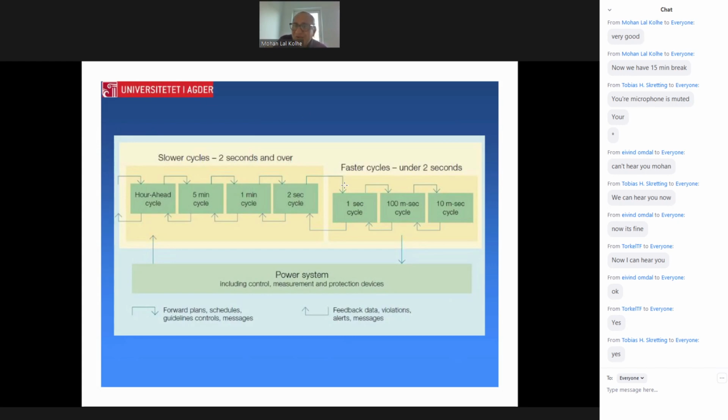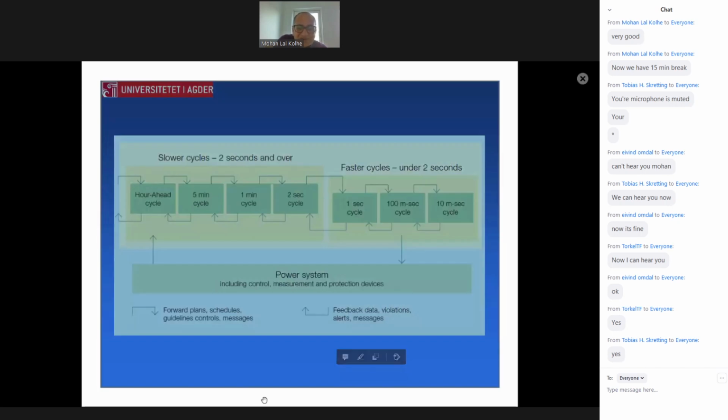If the deviations cannot be fulfilled by the stored kinetic energy or moment of inertia of the rotating system, then we have to increase the input fuel, water flow, steam flow or gas flow to the turbine and manage it. That is the secondary controller, which we will study in much more detail in ENE 411.